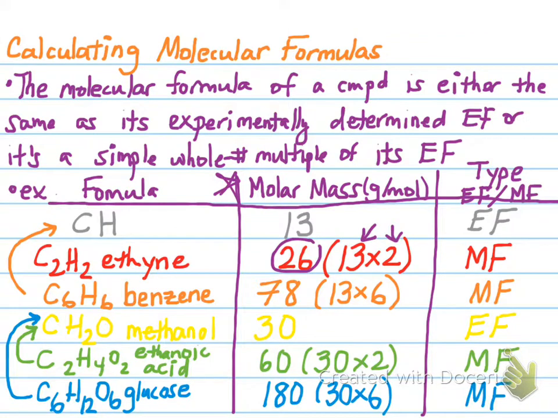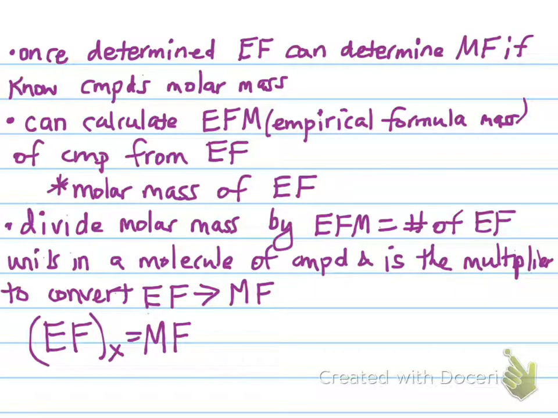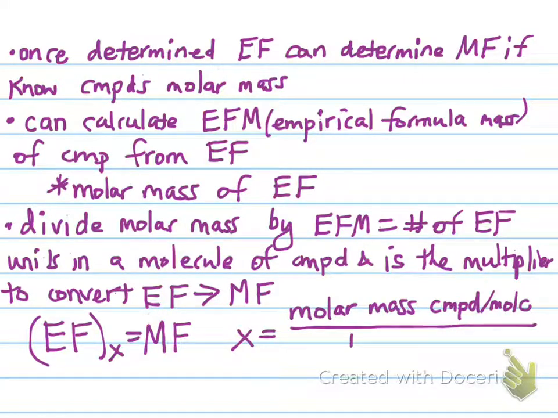That's what we saw here, right? This empirical formula here times this multiple of 2, this empirical formula here times this multiple of 2 gives me this molecular formula. Okay? To figure out what that multiple is, I'm going to take the molar mass of my compound, or of my molecule, and divide it by the empirical formula mass.